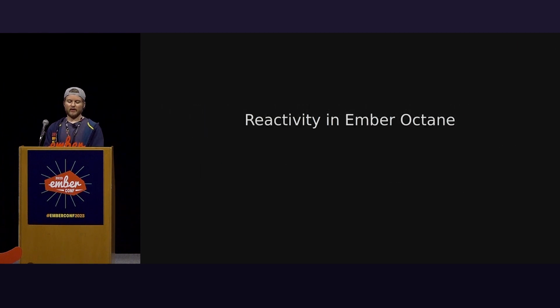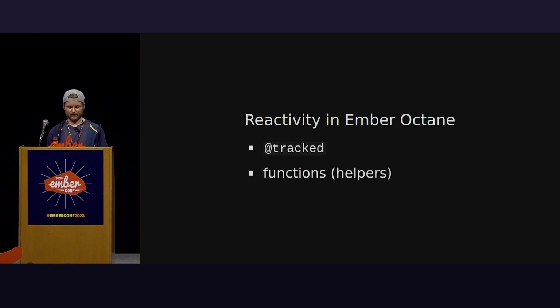With the introduction of Ember's first edition, Octane, a new reactivity system was introduced: tracked properties. By the end of the 3.x series and leading up to V4, we had two user-facing reactive primitives, @tracked and functions.